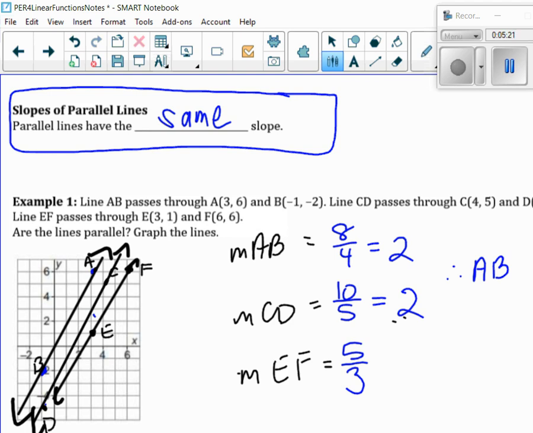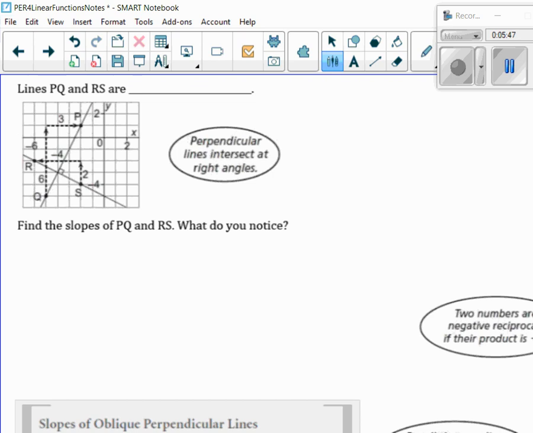AB is parallel to CD, since both slopes are 2. Okay? So if I ask you to prove that 2 lines are parallel, you have to show the 2 slopes are the same. Everybody got it?